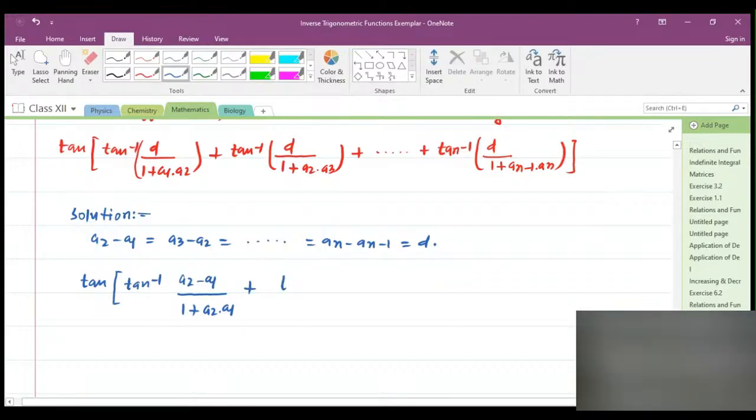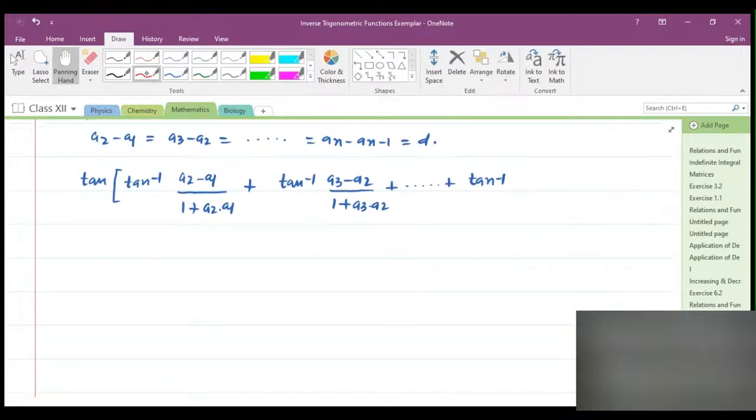Similarly, here will be tan inverse of A3 minus A2 by 1 plus A3 into A2, plus at last tan inverse of An minus An minus 1 by 1 plus An into An minus 1. Hope that there is no problem to understand up to this step.